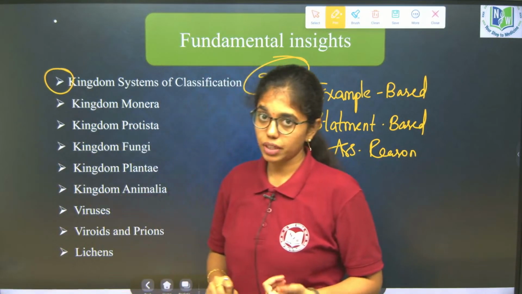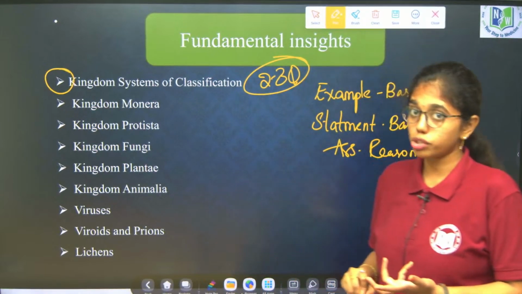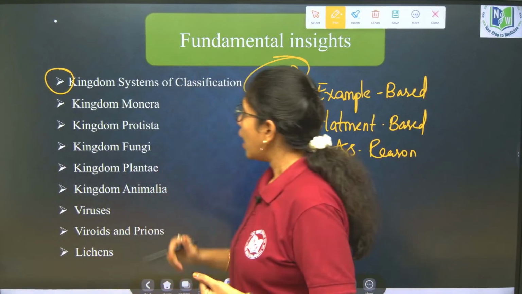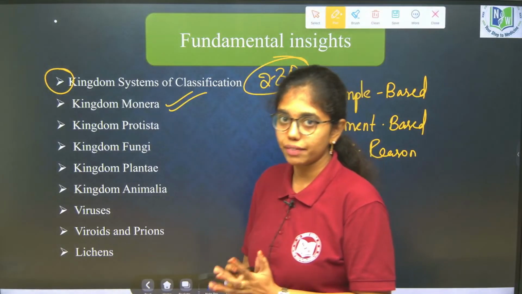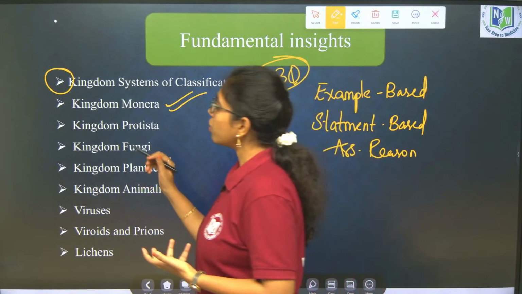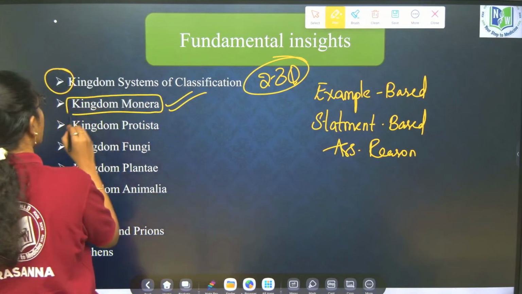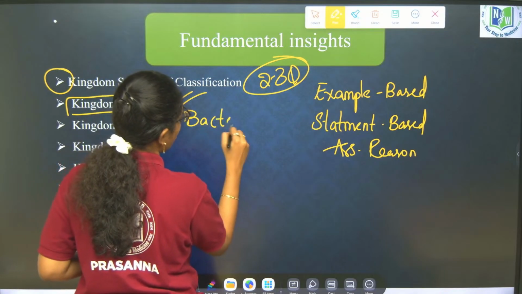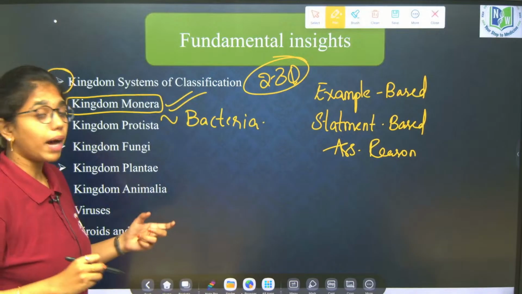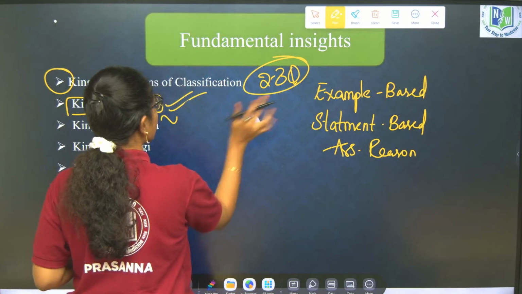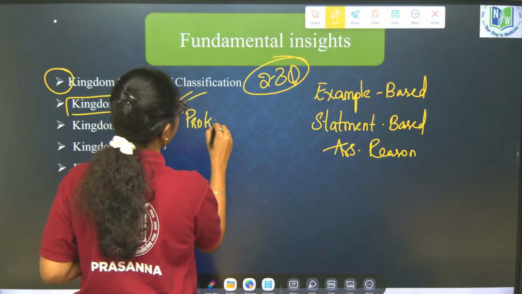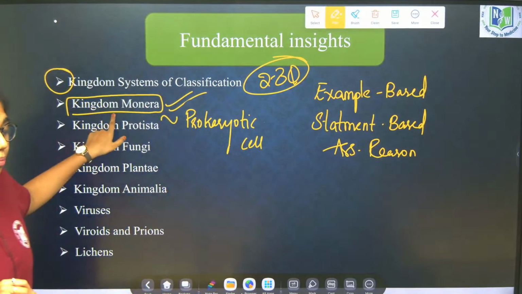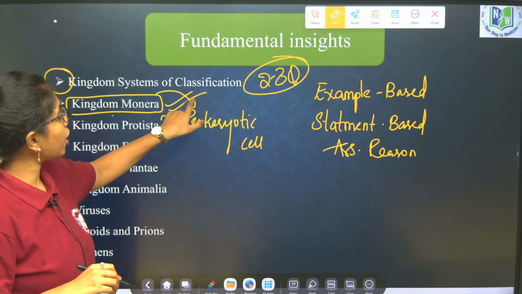Of what we are dealing with today, kingdom systems of classification, we may expect match the following type of questions, giving us the scientist name and the system of classification. About kingdom Monera also we are going to discuss. Kingdom Monera should be learned along with bacteria, or from the cell biology chapter along with the prokaryotic cell, because questions from Monera can be asked in connection with the prokaryotic cell.